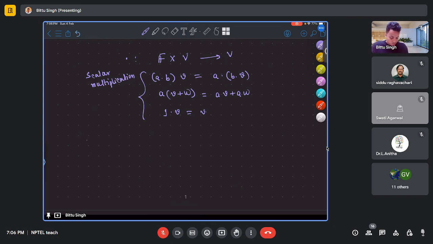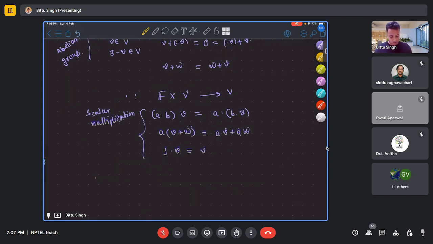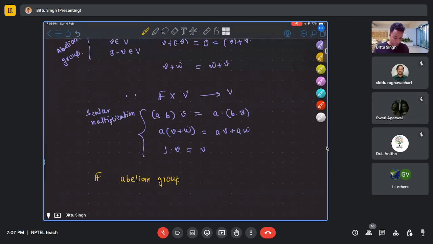For example, if you consider a field, what is the meaning of a field? A field is an abelian group, and there is a multiplication structure. If you know what an abelian group is, I have just defined it above. And there is another thing, multiplication.